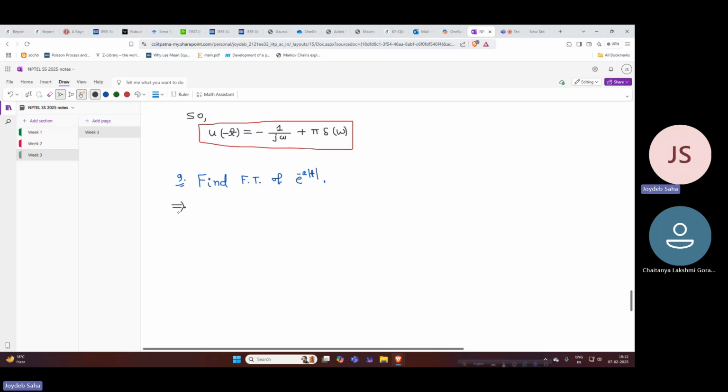Try 2-3 minutes more and try to solve. Can we write e to the power minus a mod t is equal to e to the power minus at for t greater than 0 and e to the power plus at for t less than 0, right? Take 2-3 minutes and try to solve. Then I will solve it for you.